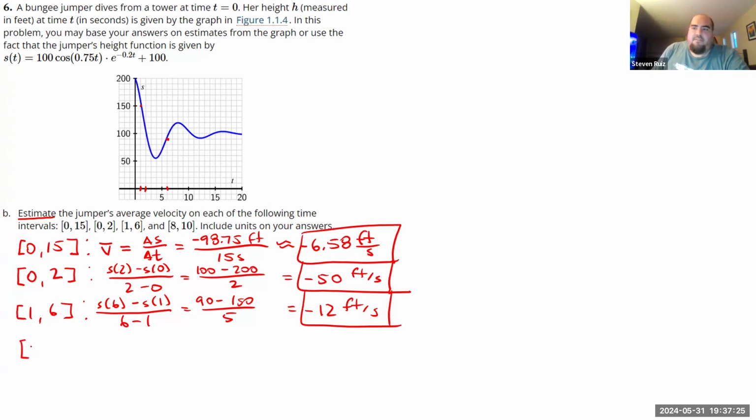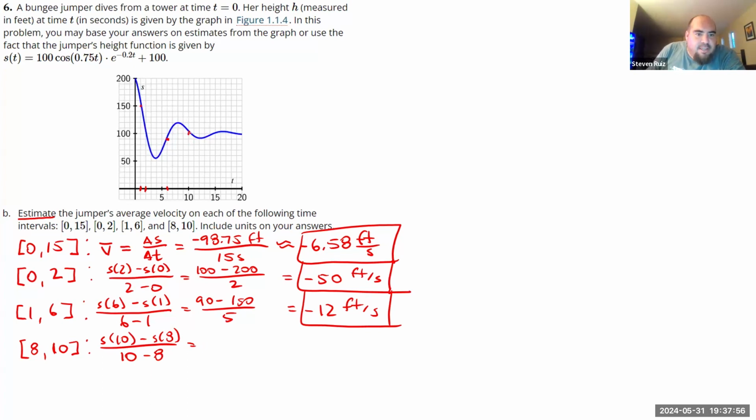And then finally, all right, so lastly, S of 10 minus S of 8 over 10 minus 8. Got 2 more values to estimate.